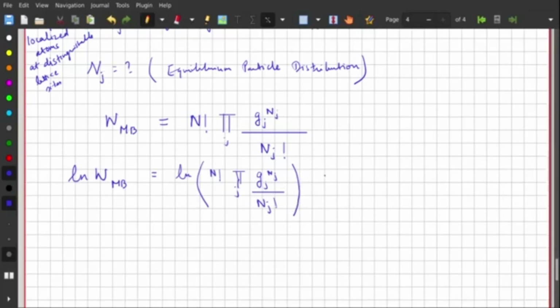Okay, and this, by using the properties of the logarithm function, can be written as log n factorial plus log of the product of gj to the nj by nj factorial.